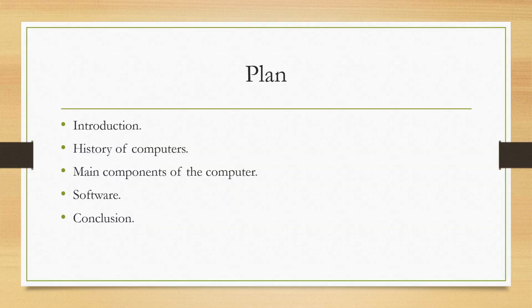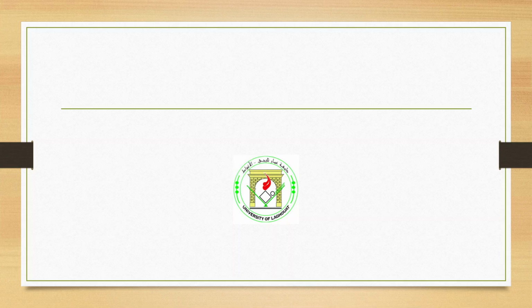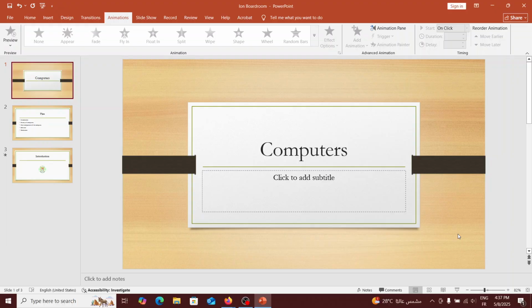We have computers, plan, and then the third slide, nothing. Why? Because we have to click to advance in our slideshow. So we have the picture and then introduction.